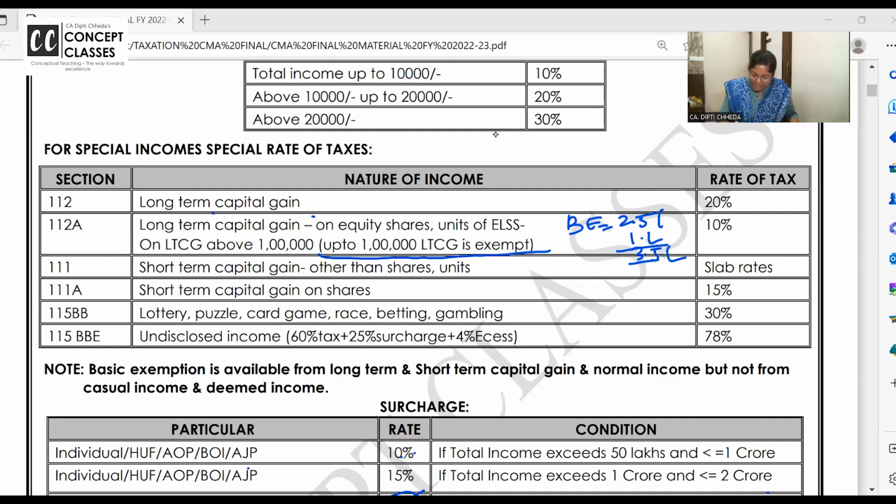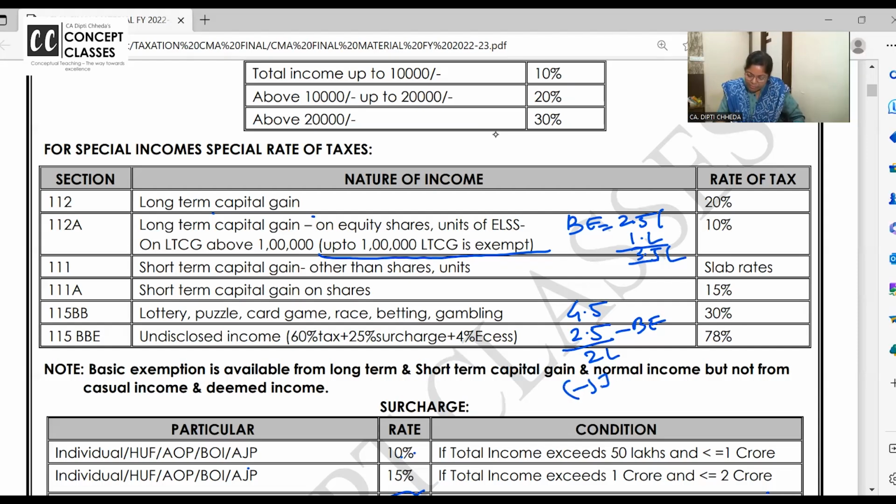Once again, I'll make it clear. Suppose you have long-term capital gain on shares of 4.5 lakhs. How much is exempt for you? 2.5 lakh, basic exemption. And 2 lakh. What is 2 lakh, dear students? 2 lakh is the balance after the basic exemption.